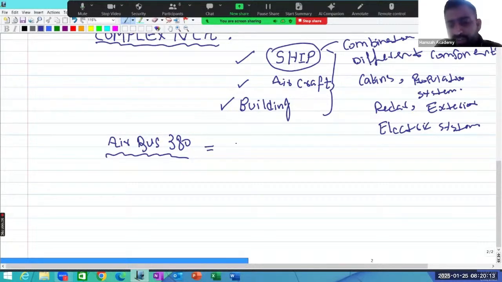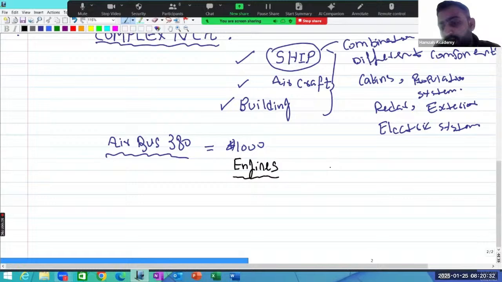Let's say the total cost of this aircraft is 1,000 million US dollars. But if we break down this cost, it consists of the engines of the aircraft, the exterior structure of the aircraft, and another component, a landing gear.